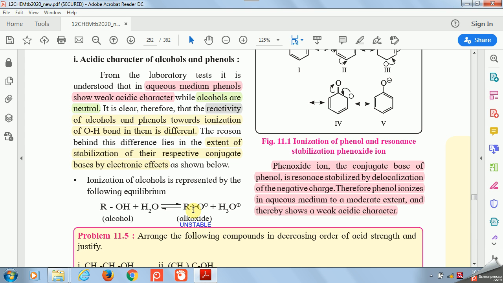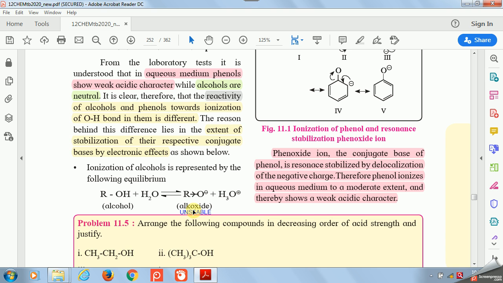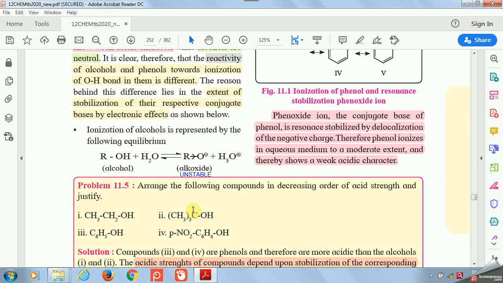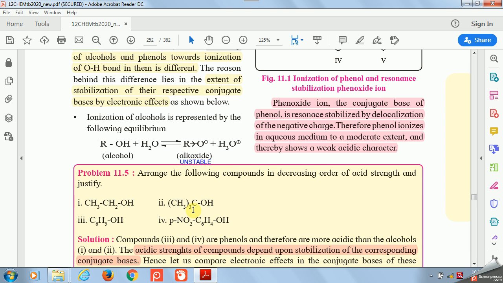The R group has an electron donating inductive effect. The more R groups attached to the oxygen carbon, the more is the electron flow towards the oxygen, and the less is the stability of that negative charge over oxygen.